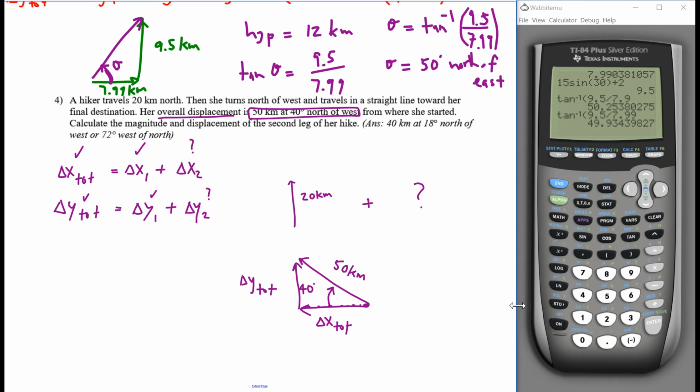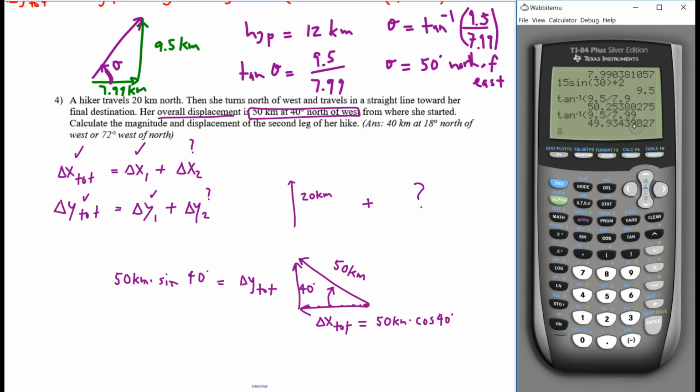Okay, let's see how this works in practice. How do I find delta x total? We've got this equation. This is adjacent, and adjacent is equal to hypotenuse times cosine of the angle. The y-axis is opposite the angle, so we use hypotenuse times sine for opposite. Sine of 40.